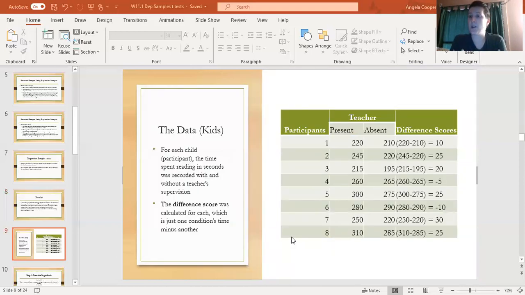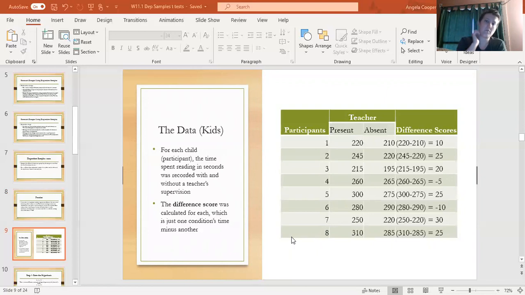Keep in mind we had 2 groups, and everyone's reading in 6-minute sessions. All 8 of our kids, participants 1 through 8, are reading with a teacher present and a teacher absent. Remember these numbers, 220, 210, 245, 220, 215, in the present and absent columns represent the number of seconds those kids spent reading in a 6-minute span.